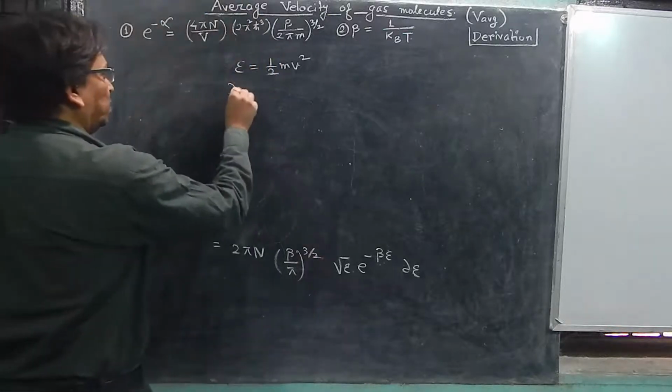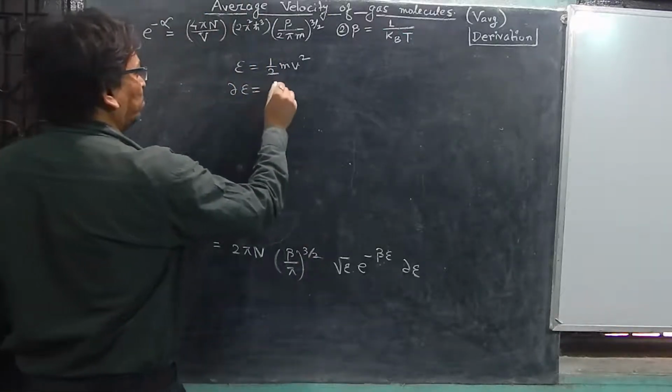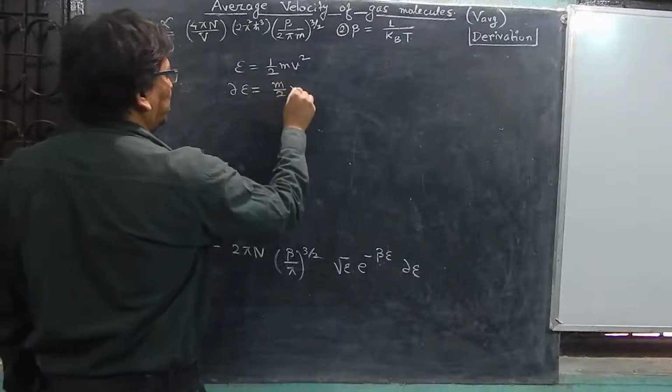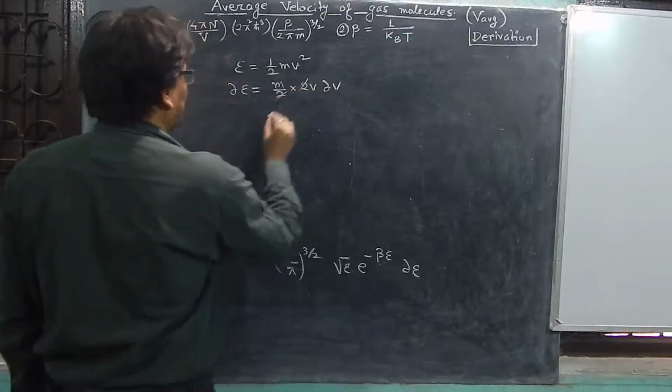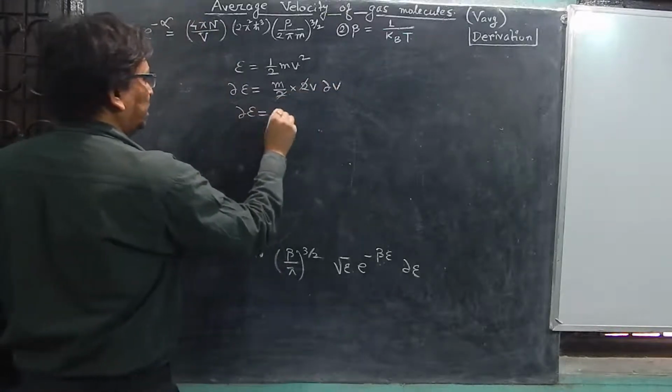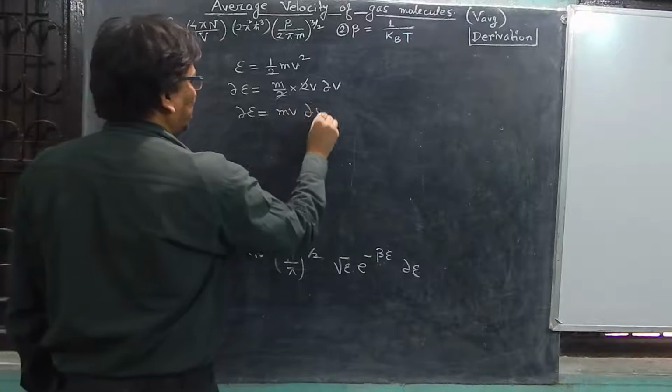In this condition we get del epsilon equal to m by 2 times 2v del v. The 2 cancels, so del E is equal to mv del v.